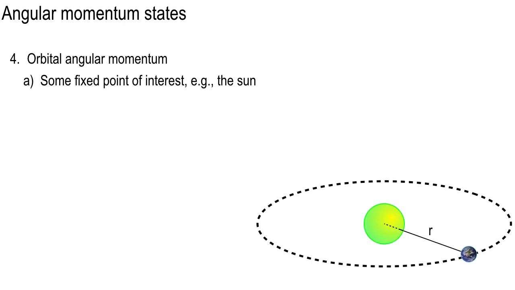Here's a picture. That green sphere in the middle represents the sun, and there's the Earth. The Earth is on a pretty circular orbit. It's slightly elliptical, but not by much. You'd be hard put to distinguish Earth's orbit from a perfect circle.